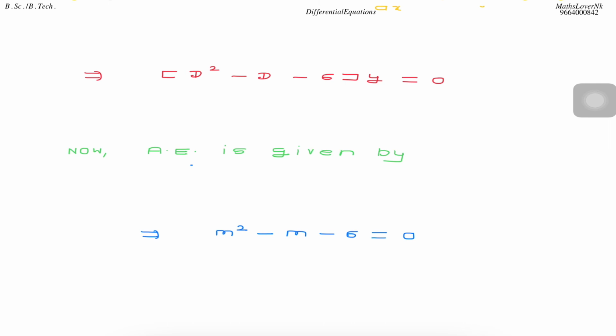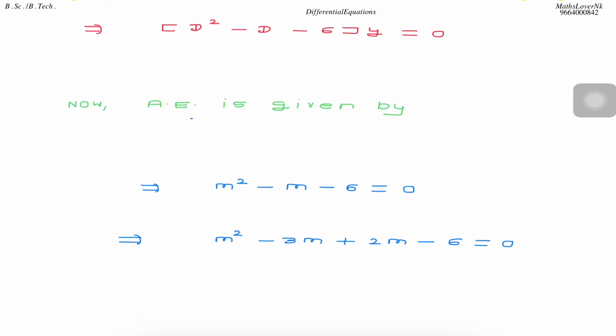By splitting of the middle term, we get m square minus 3m plus 2m minus 6 is equal to 0. When we add minus 3m and plus 2m, we get minus m, and minus 3m into 2m gives minus 6m square.